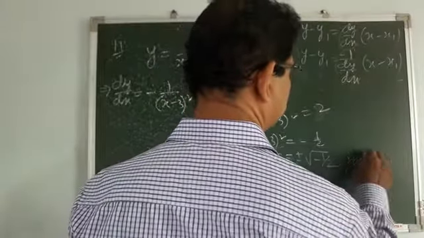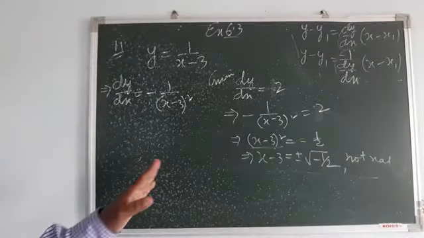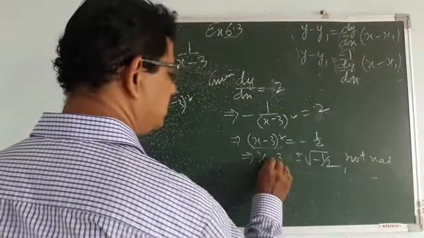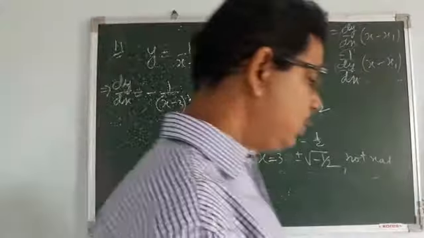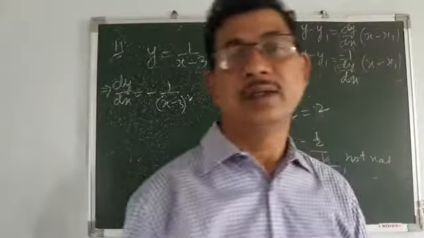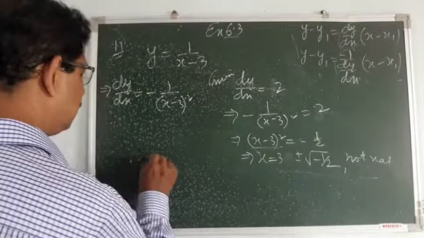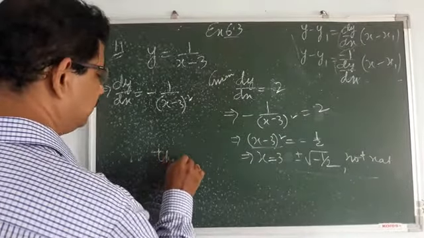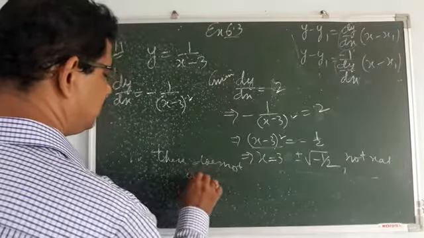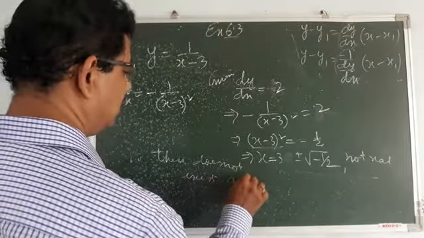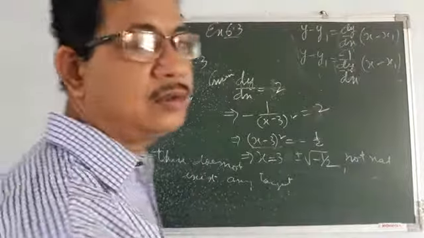So we are getting a value of x which is not real. Therefore, we cannot get a tangent having that slope. So with the given condition, there does not exist any tangent.